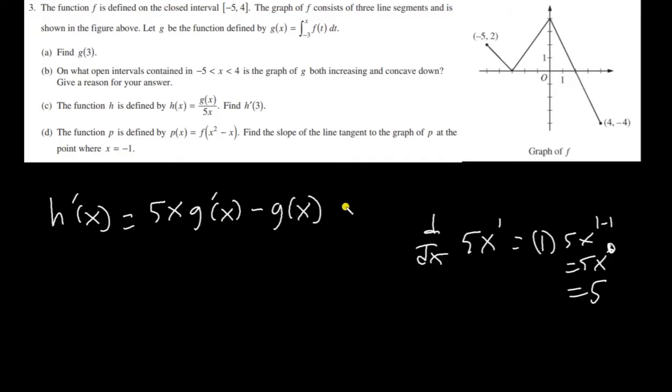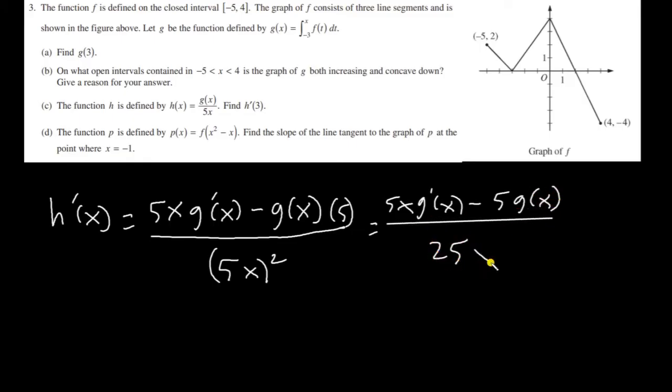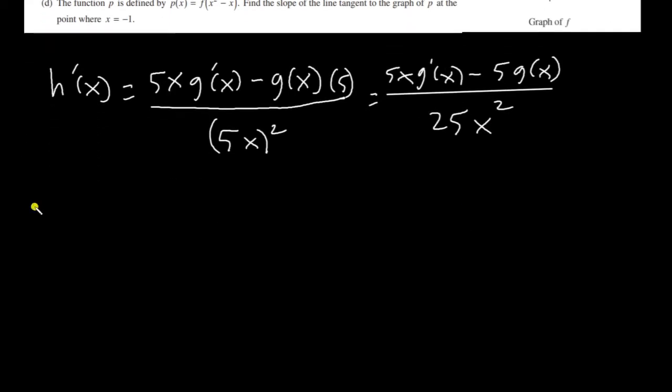So this is g of x times 5, and we're dividing by the bottom squared, which is 5x whole squared. I can simplify this a little bit and get 5x g prime of x minus 5g of x over 25x squared. Now all we have to do is figure out h prime of 3.